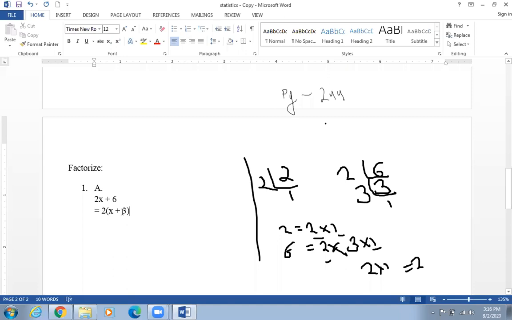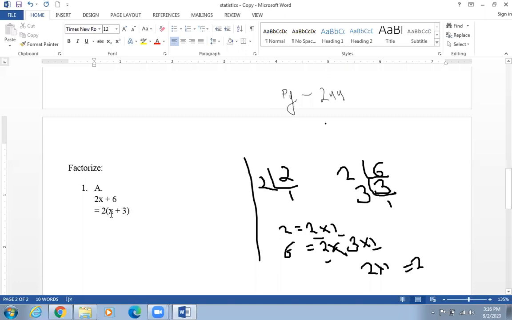If you multiply this, we need to get the same number back again. We need to check also. 2 into x, 2x, plus 2 times 3, which is 6. Did we get the same number or not? We got the same number, isn't it?